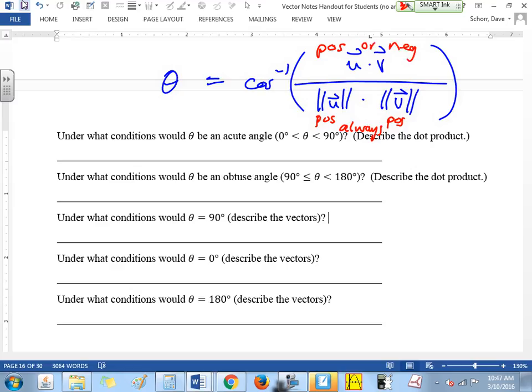It depends. So think with me here. Let's say that we were dealing with case 1. And theta was inverse cosine of, and then these are positive down here. And then let's say the dot product was a positive number. Okay? What is positive divided by positive and positive? Positive.